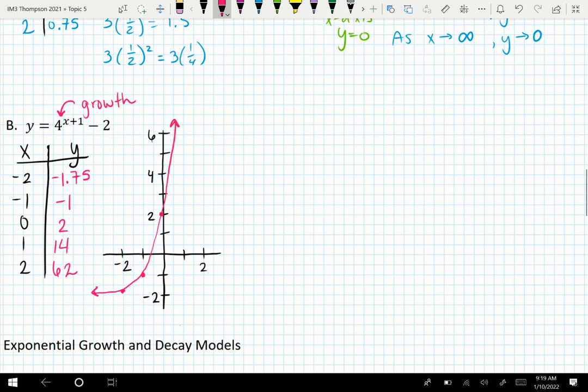So the minus 2 is actually going to cause this to go down 2. This down 2 shift right here changes my range and it changes my asymptote. So now my asymptote, instead of being at y equals 0, is now here. It's gone down 2 units.